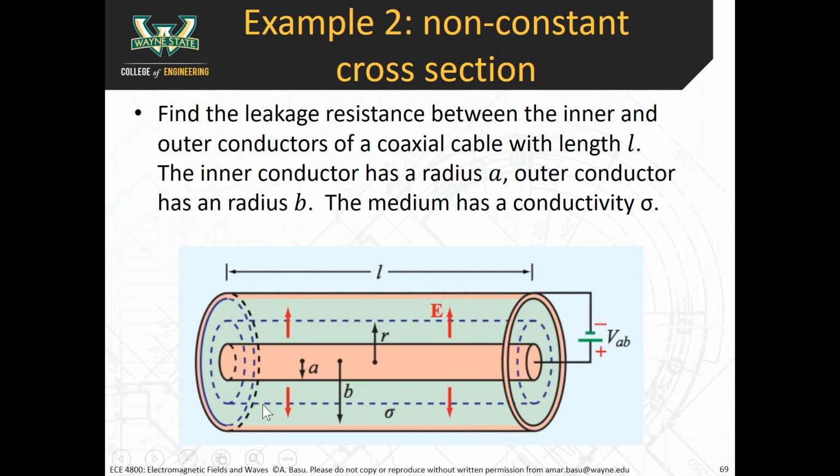So what we're doing in this problem is we're finding the resistance between the inner and outer wires. So we're putting a voltage source here, where one side of the voltage source is connected to the inner wire, the other part of the voltage source is connected to the outer wire. So current is going to flow from the inner wire to the outer wire.